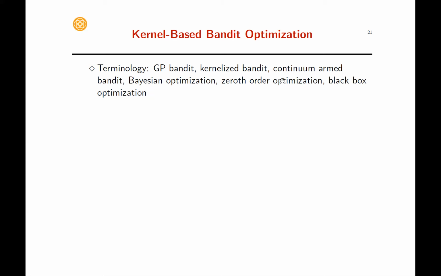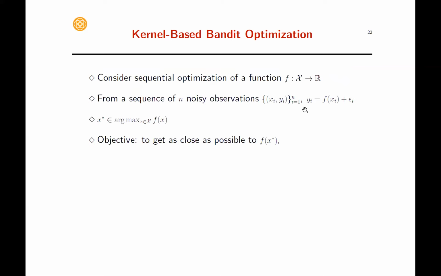But here we want to find the optimum point of a function without having access to the gradient. That's the motivation behind zeroth order optimization. And some people just call it black box optimization, again because a function is given, we do some process to see one value of the function and try to use this to find the optimum value for the function.